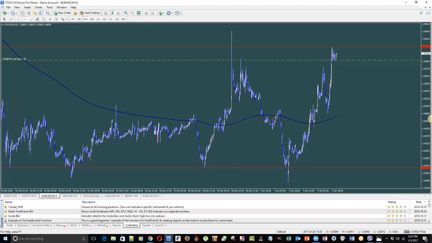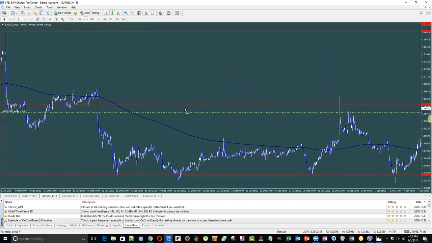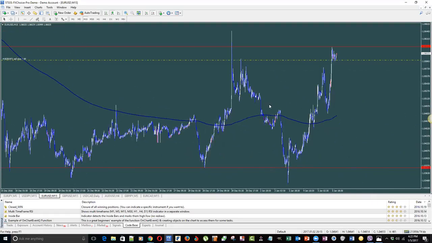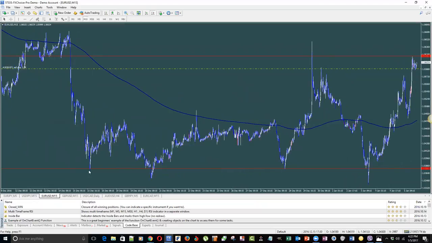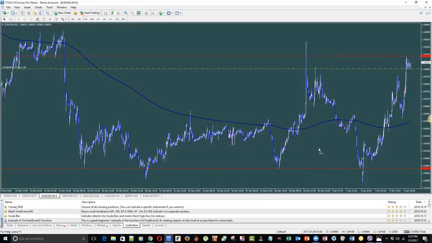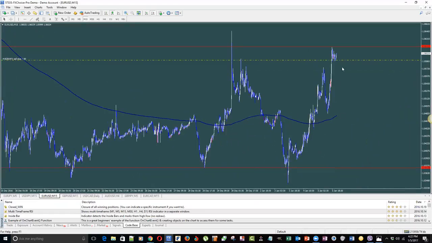And as we can see, support was respected 1, 2, 3, 4 times. Resistance was respected 1, 2, and has a little respect around here too. Right? So 2 times on the top, 4 times on the bottom. 1, 2, 3, 4. So that's confirmation that we're coming back down.